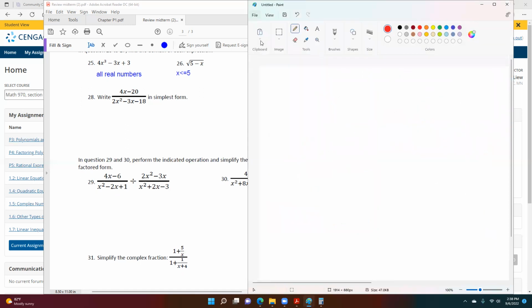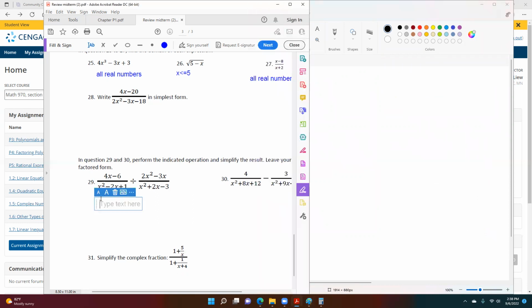Do you need to find the LCD for question number 29? No. So do not find the LCD here. The reason you do not find the LCD is because they are dividing or multiplying. If you're adding or subtracting, yes, you do.